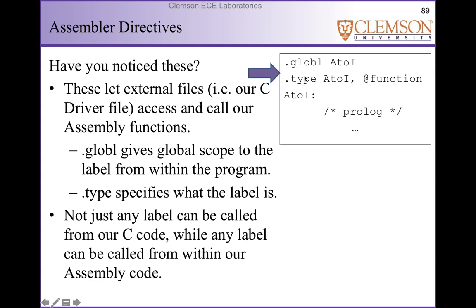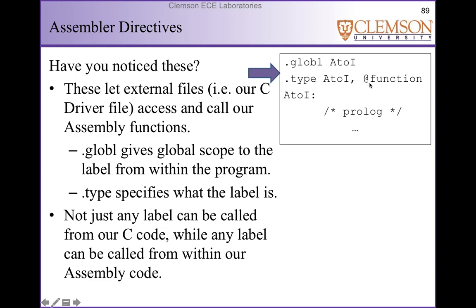More detail will be in your lab manual. Please read through it, but we don't require you to memorize the different types. Just understand that .global A to I function name is declaring that the function is global, and you can call it anywhere. And then the .type is specifying the type of that function.